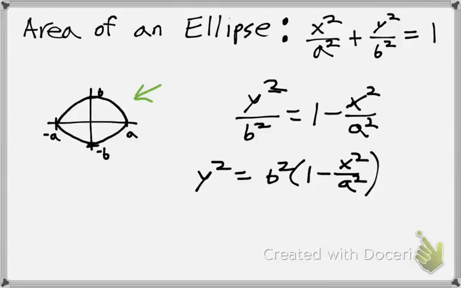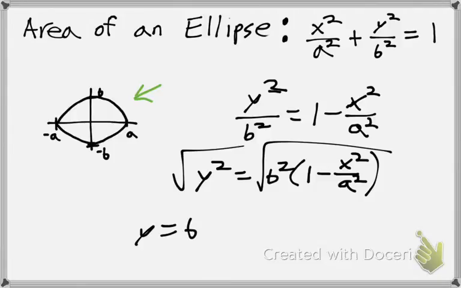And we're going to convert that also into x over a squared after we take the root. So now we'll have y equals the root of b squared, which is just b, so b root 1 minus x over a squared.